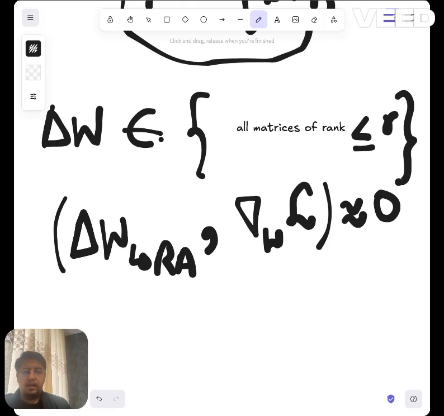So in early training, LoRA is not really descending. It's mostly just rotating the subspace to find the most useful directions out there, and that is why convergence is slow.